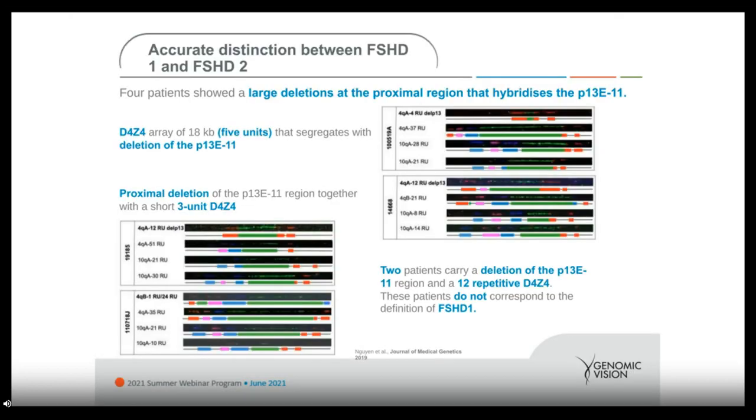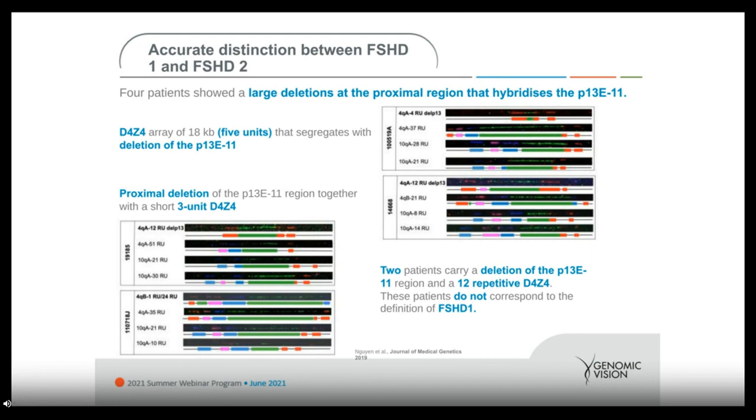Indeed, all of these applications have been used by physicians to make the diagnosis of a patient between FSHD1 and probably FSHD2. For example, we have these 4 patients.